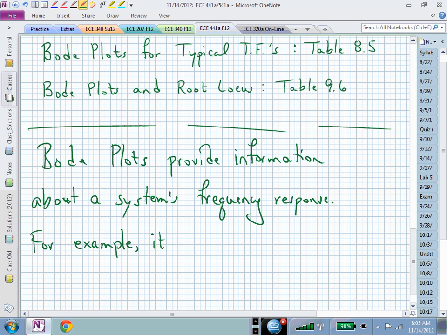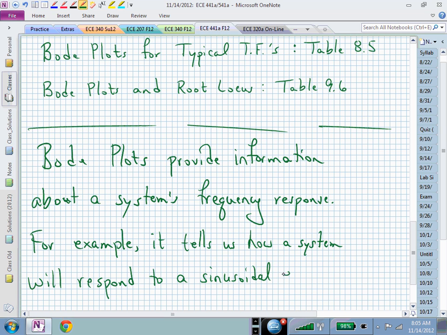So, for example, it tells us how a system will respond when we hit it with sinusoidal excitation.